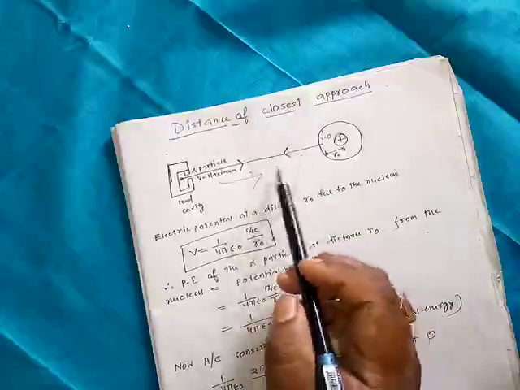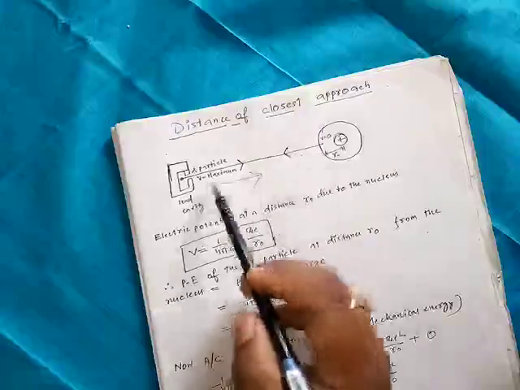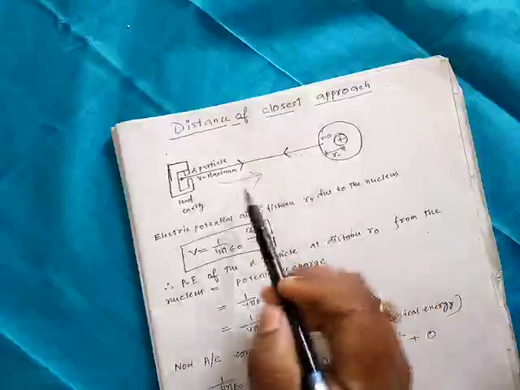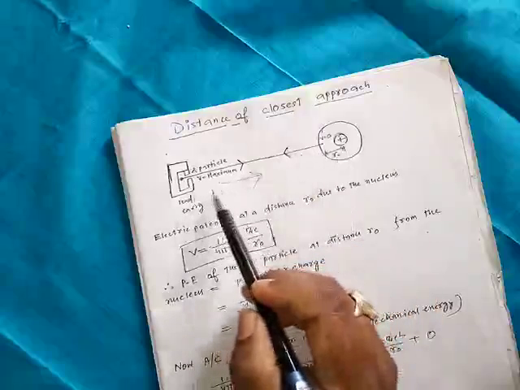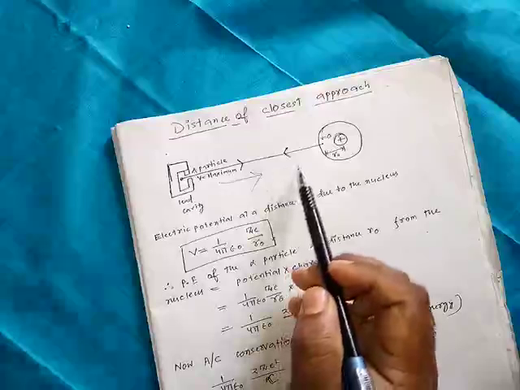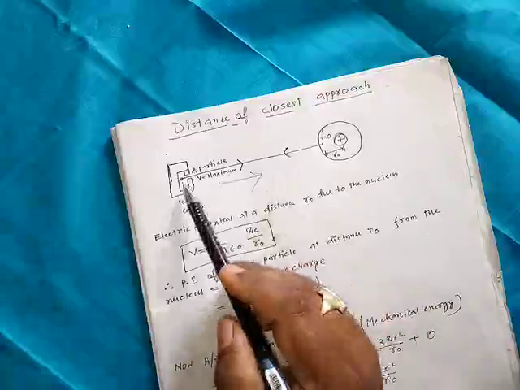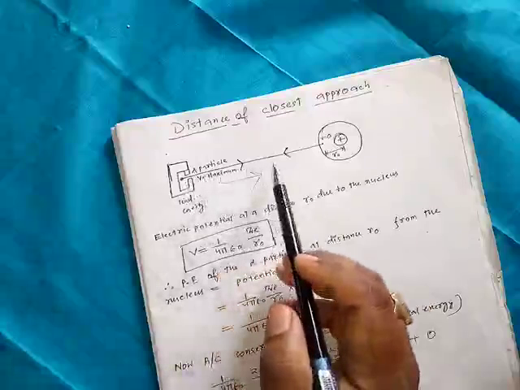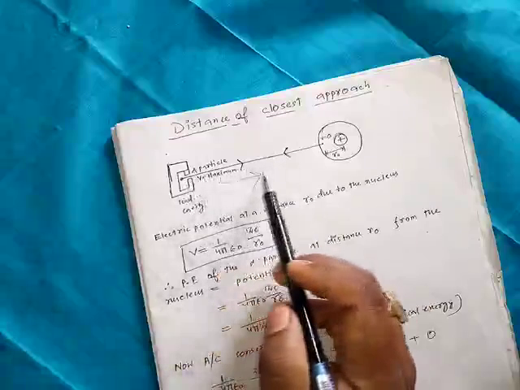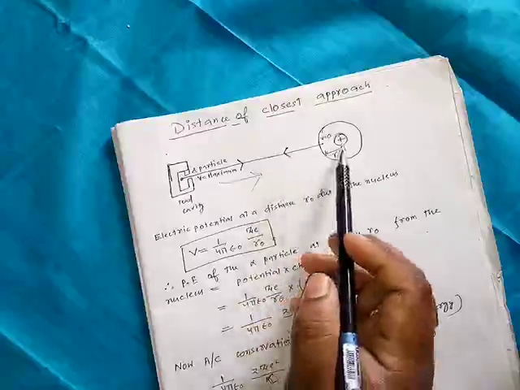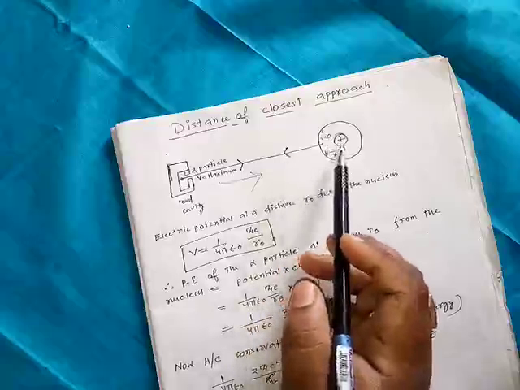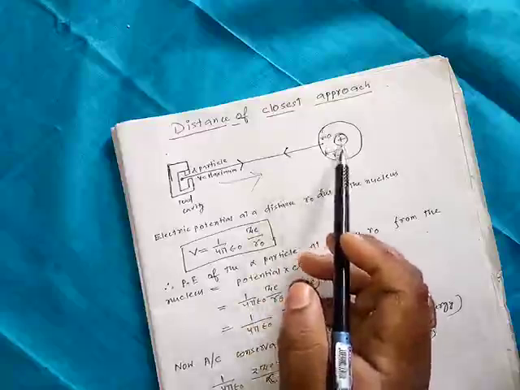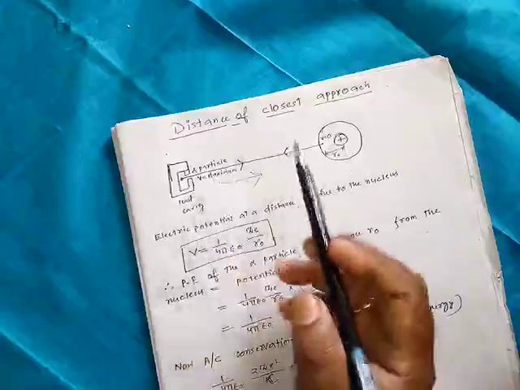And since the distance of the alpha particle from the gold nucleus will go on decreasing as the alpha particle moves in this direction, what will happen? The velocity of the alpha particle will go on decreasing. Why? This is because as the distance goes on decreasing, the repulsive force of the positively charged gold nucleus on the alpha particle will go on increasing.